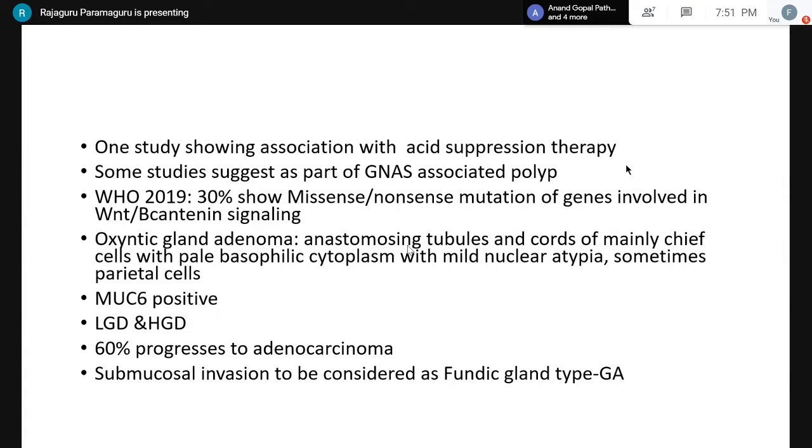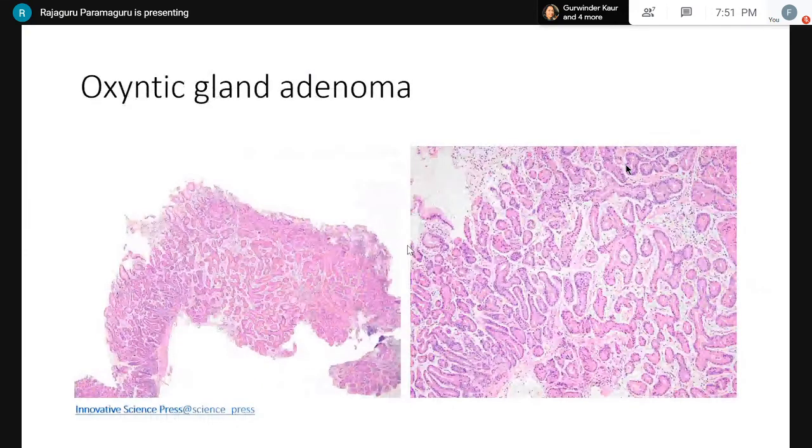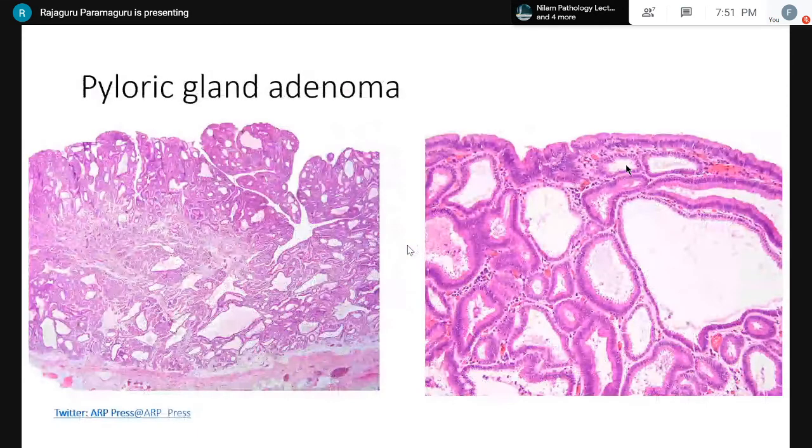It is only on morphological basis that we can differentiate between an oxyntic gland adenoma and a pyloric gland adenoma. So here oxyntic gland will show the anastomosing cord-like pattern, whereas the pyloric gland adenoma will show isolated glands which might be dilated and packed with the typical ground glass cytoplasm.